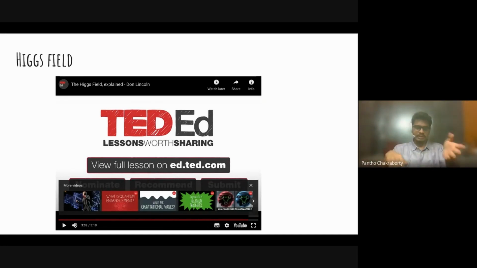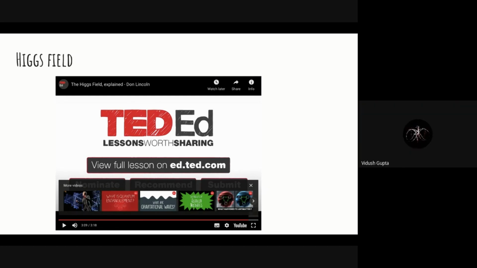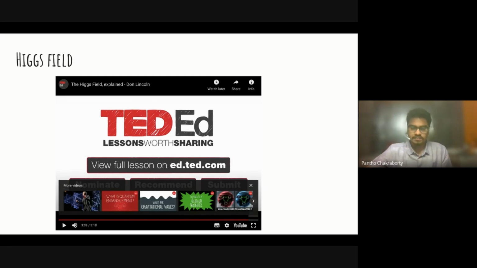For example, if you take a string and play with it, you will get a wave like this. This wave is also a kind of clump. It's not in its normal range, which is straight. It has a height, a crest and a trough, and that is an excitation. And every excitation is a particle, according to the theory. Yes.